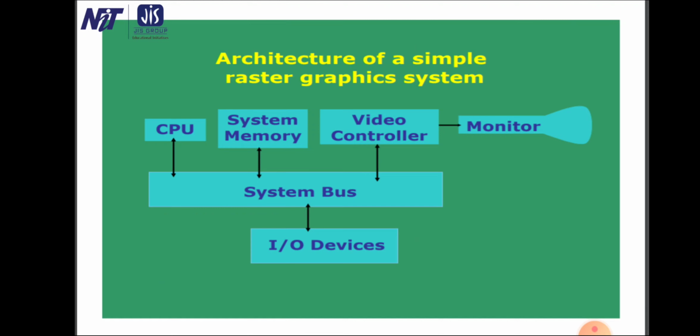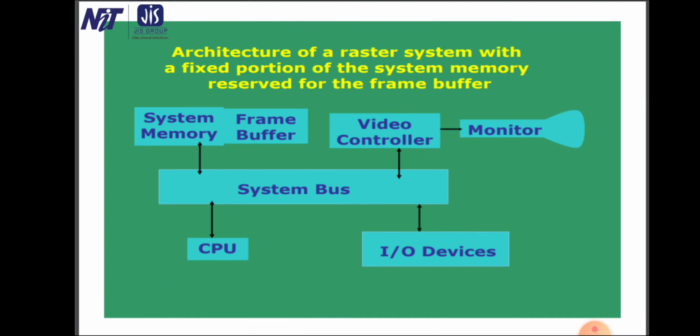The monitor is attached to the system bus through the video controller, and there is the IO bus, which converts the line drawing primitive and draws it on the screen or monitor. So that is the typical architecture of a simple raster scan display.